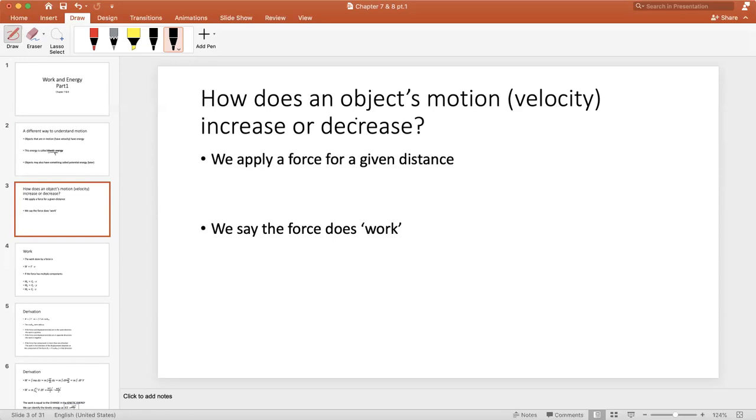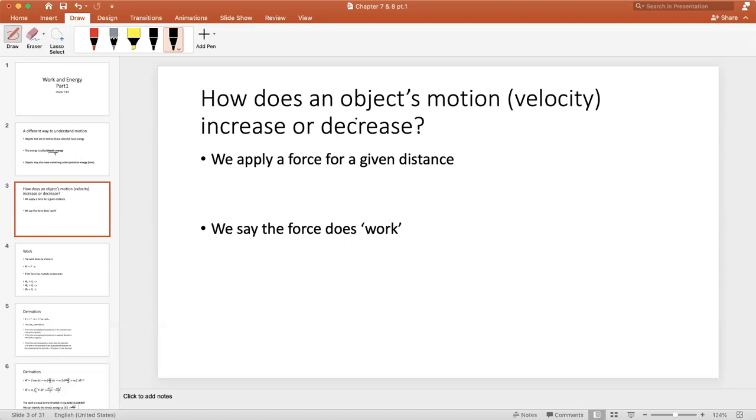But it turns out that one way to understand Newton's laws is if you apply a force, the velocity of the object changes. If you apply no force, the velocity of the object stays the same. You all know that as Newton's first law. An object at rest stays at rest, and an object in motion stays in motion unless acted upon by a force.